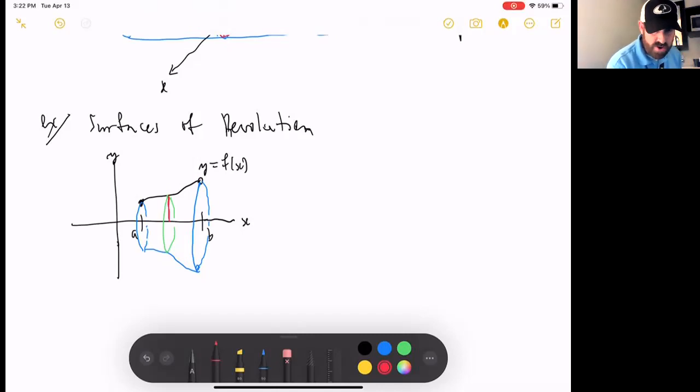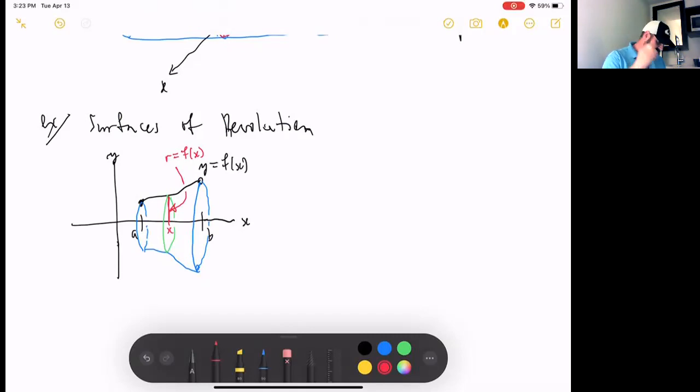So this time we revolved around the x-axis. What is the radius of this circle? Well, if I'm at a particular x value, the radius of this thing, r, is equal to f of x.